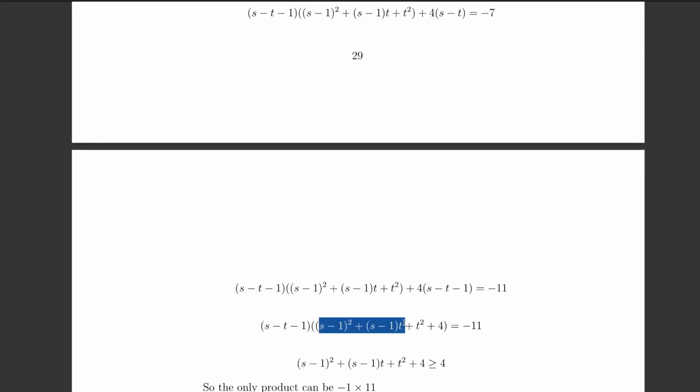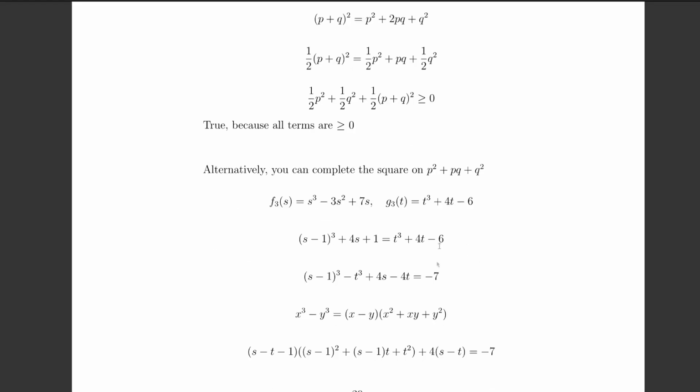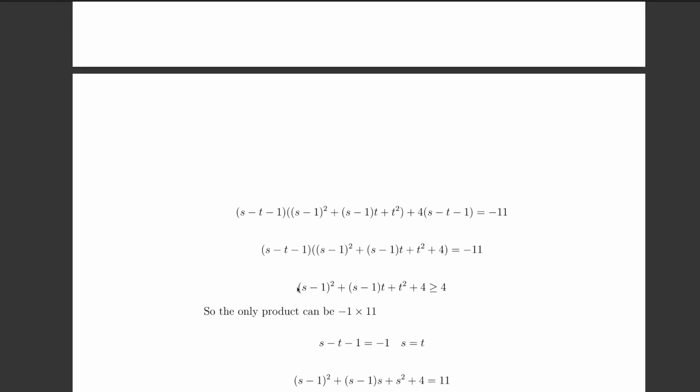But if you recall, they made us show that this thing here for all real numbers is greater than or equal to 0. And you can spot this thing in the difference of two cubes here, which is the same as this term. Yeah, so that allows us to conclude this, right?